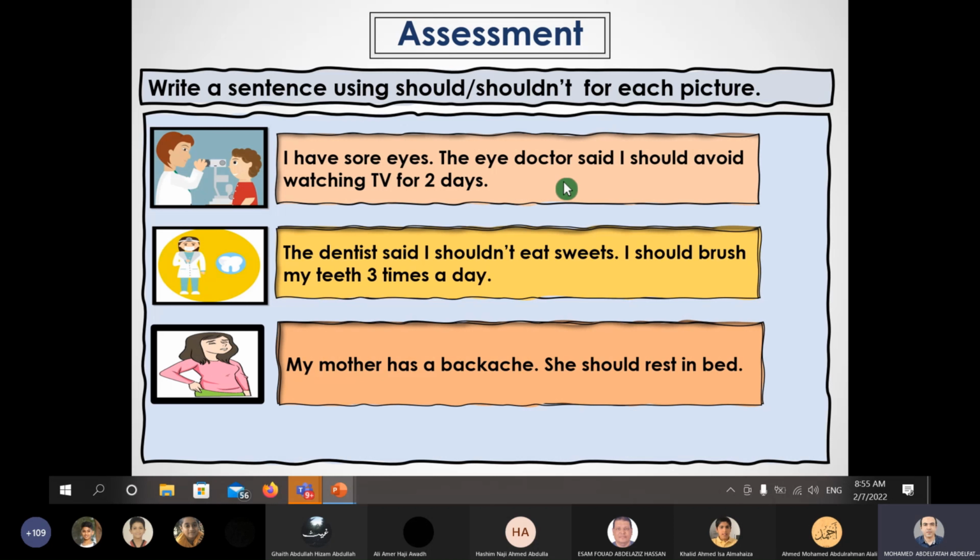The eye doctor or the ophthalmologist said I should avoid watching the TV for 2 days. Okay, this is good punishment. Number 2, the dentist said I shouldn't eat sweets. I should brush my teeth 3 times a day. And the last one, my mother has a backache. She should rest in bed.